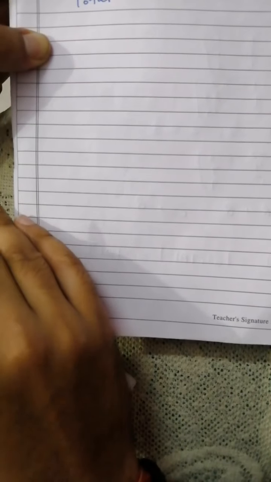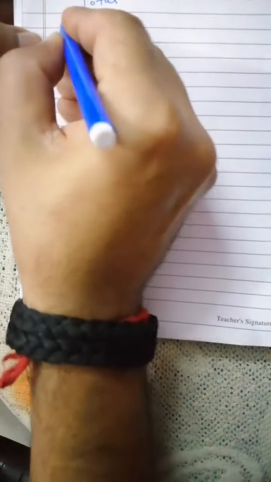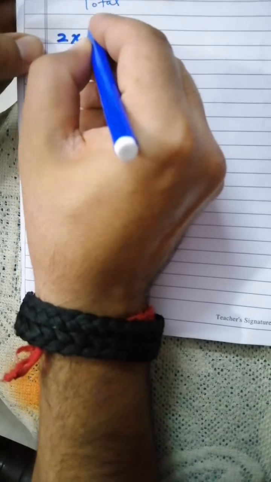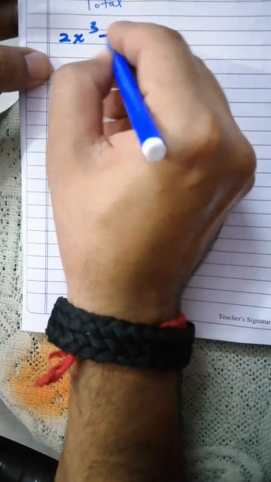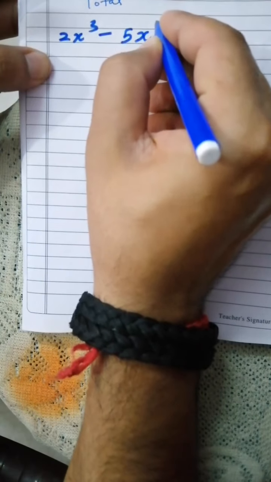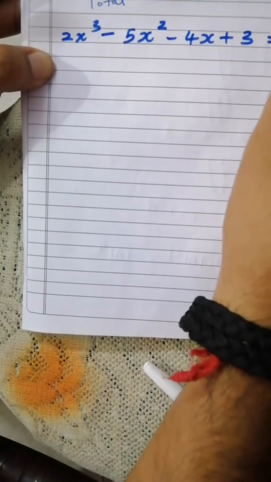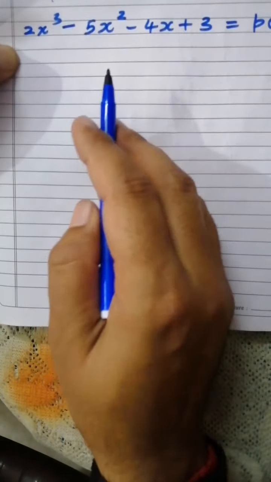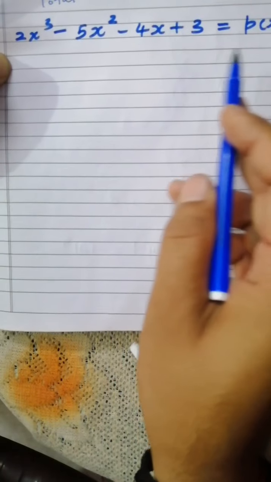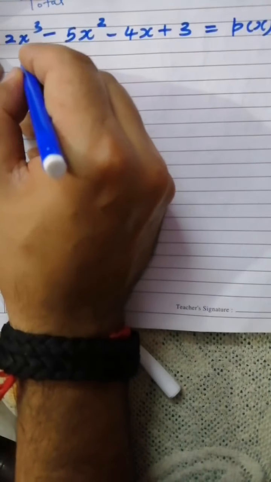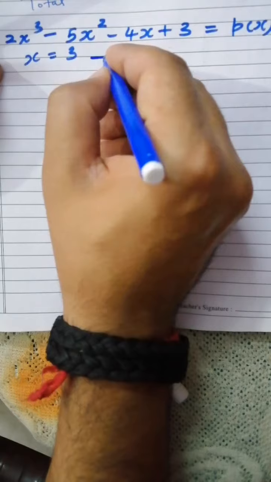Now the second condition: whenever the exact roots are given and you have to find whether the polynomial has those roots or not. It means one root or more than one root is given, and you have to check whether the given number is a root or not. Like it is given p(x) equals 2x cube minus 5x square minus 4x plus 3, and it is written that x equals 3 is a zero.